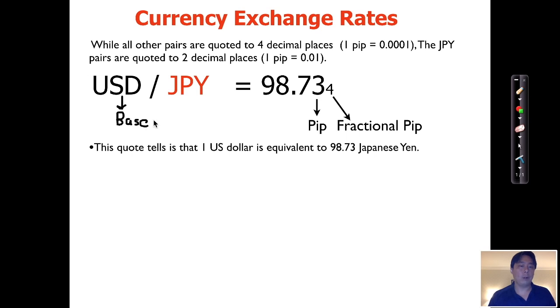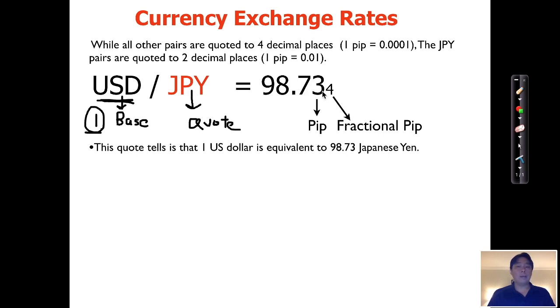And what is this called, ladies and gentlemen? It's called the quote currency. Remember that the base currency, which is the first one, is always 1. So what we're saying now is that $1 is equivalent to 98.73 Japanese yen.